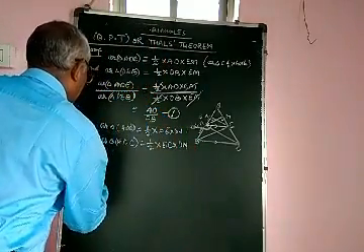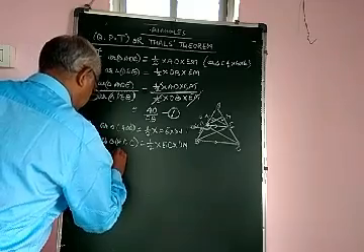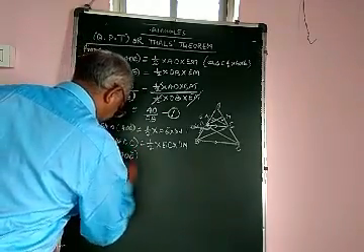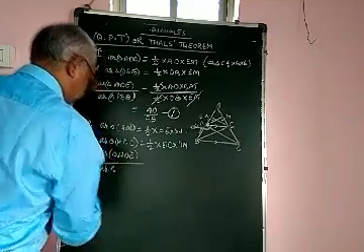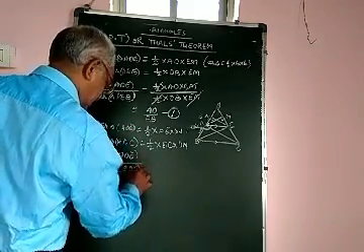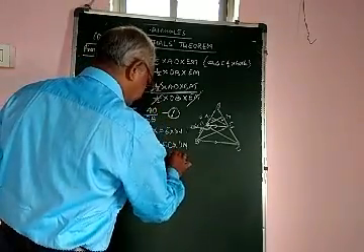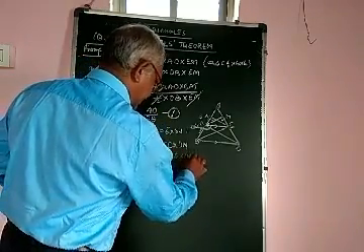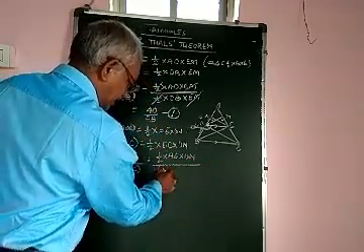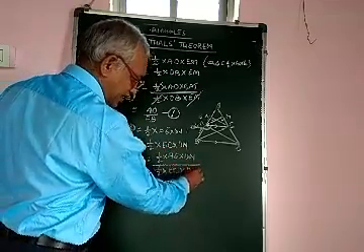Now dividing, area of triangle ADE by area of triangle EDC is equal to 1 by 2 into AE into DN by 1 by 2 into EC into DN.